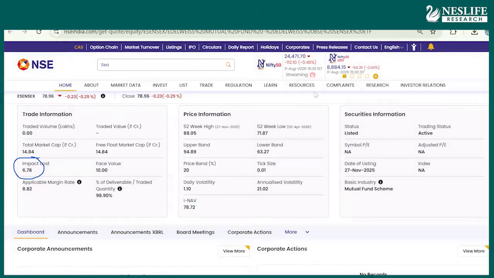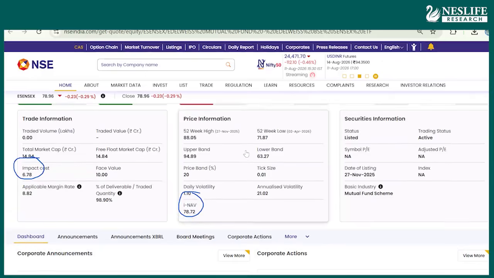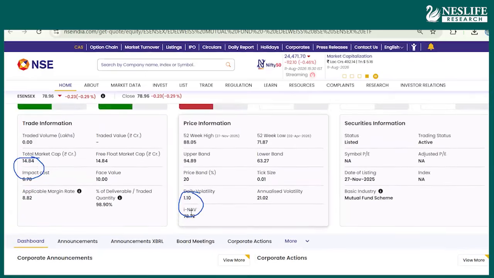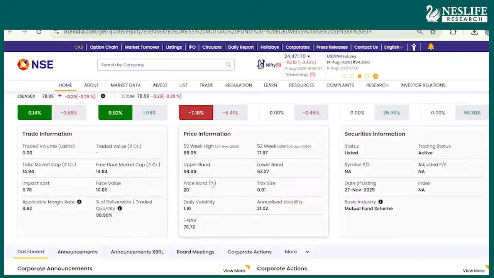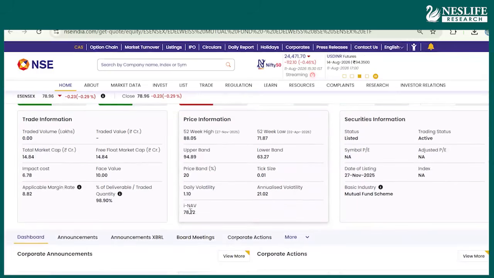But before that, one more point you will have to understand is the iNAV. That is the indicated NAV. When you place the order during the market, preferably your price should not be too much higher than the iNAV, because it is the real price, and the market price may depend upon demand and supply, but this is indicated by the AMC. So when you place the order, try to place below this.